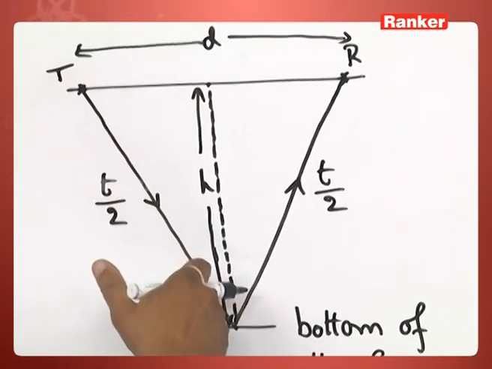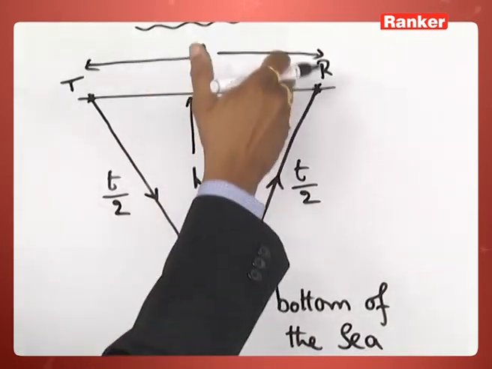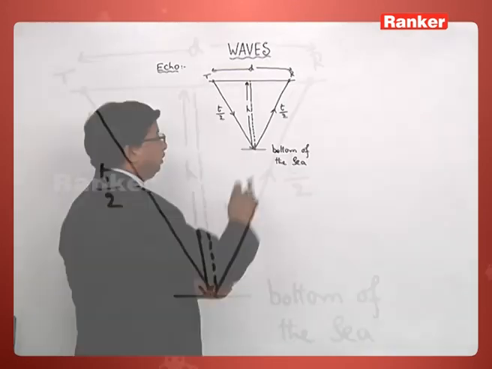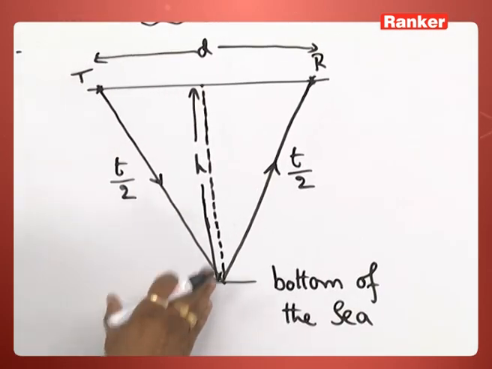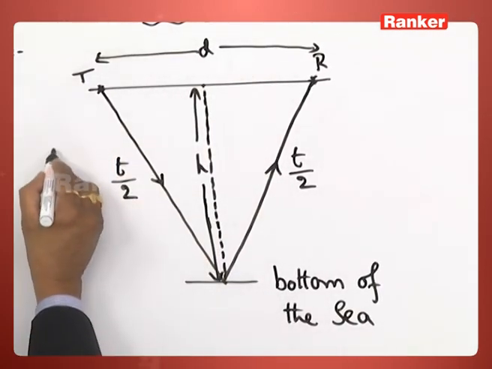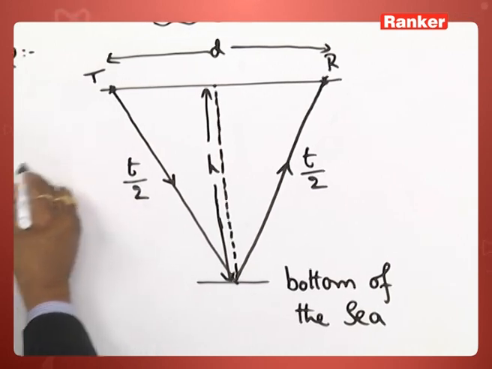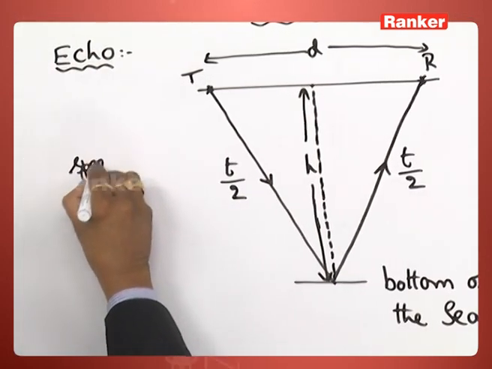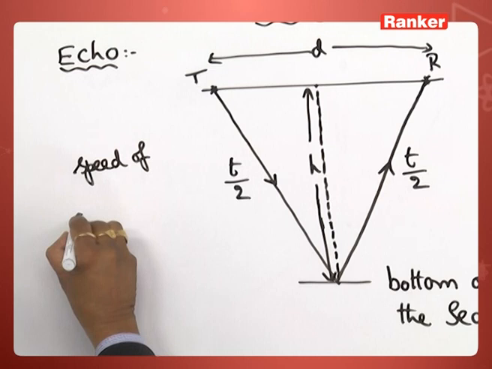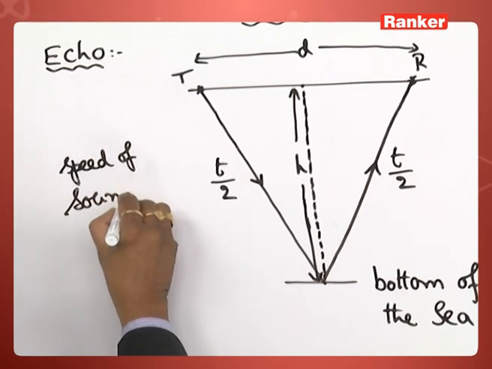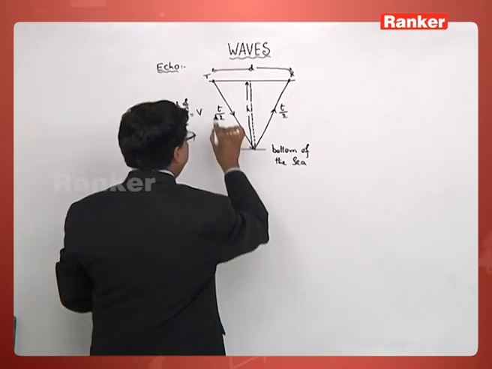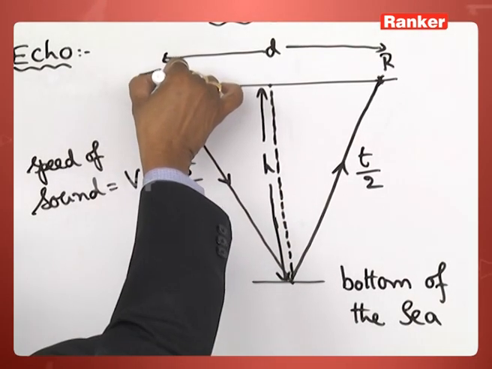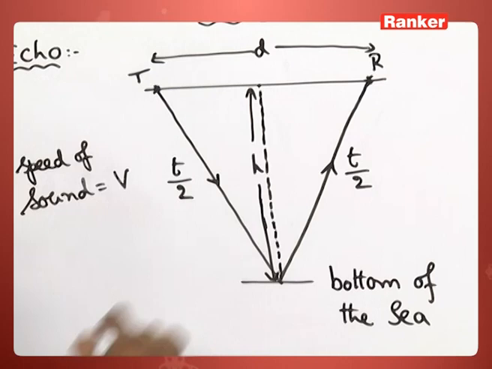So t by 2 time to reach the bottom, t by 2 to come up from the bottom to reach the receiver, fine. Now in going down or coming up, if I consider the speed of sound as v, then one can understand in this case what is this distance travelled.